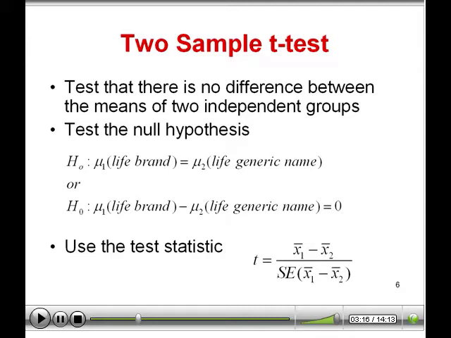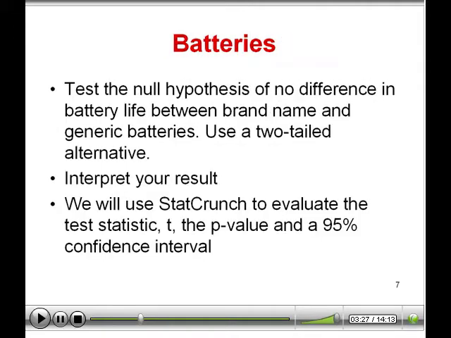The denominator is more complicated, and we will pass on the exact formula for this standard error. Rather than compute the test statistic by hand, we will rely on StatCrunch to provide the value of this test statistic, as well as the 95% confidence interval for the true mean difference in battery life.